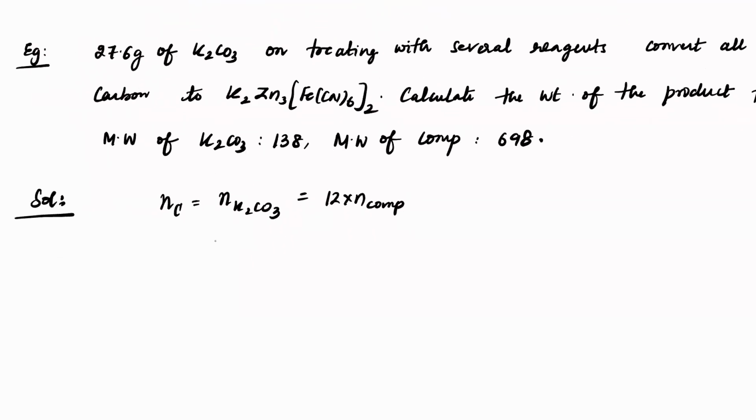Right? So therefore, the number of moles of K2CO3 we can write as weight of K2CO3 upon molecular weight of K2CO3, that is equal to 12 times the weight of complex, which is the unknown part we have to calculate, divided by the molar mass of the complex.